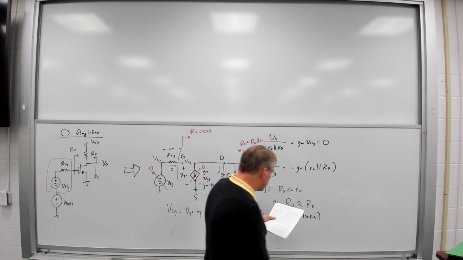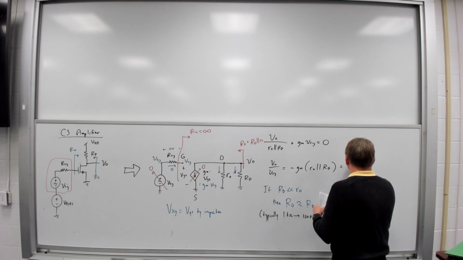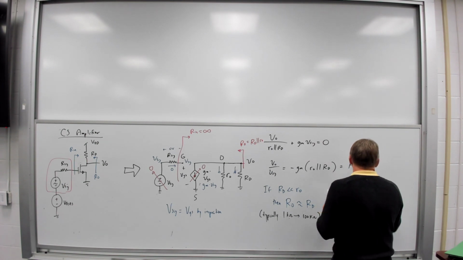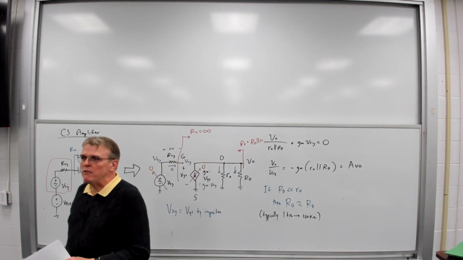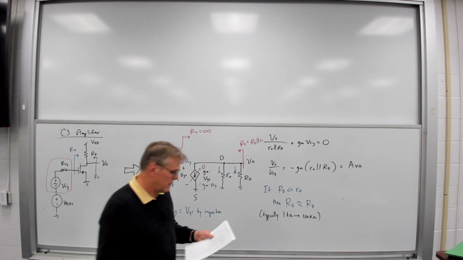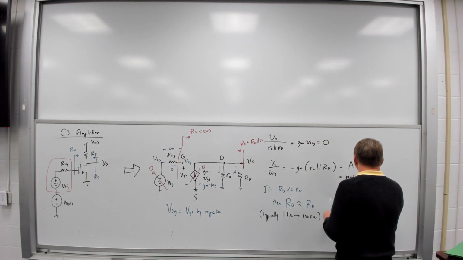The gain itself, this V over V sig, that's our AVO, our unloaded gain for the amplifier with no load resistance. And typically this is going to be a moderate to high value.